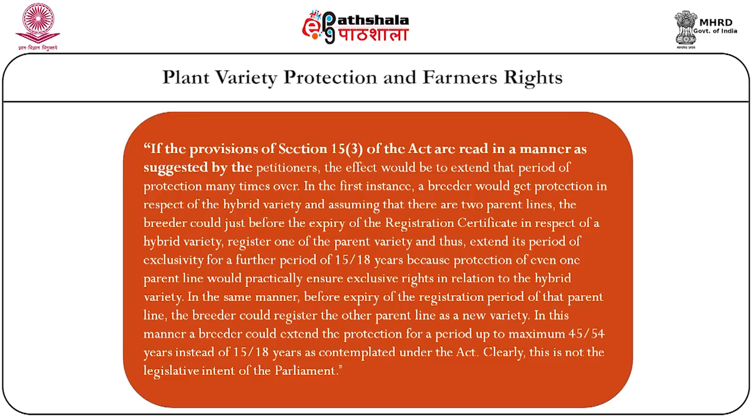In the first instance, a breeder would get protection in respect of the hybrid variety, and assuming that there are two parent lines, the breeder could, just before the expiry of the registration certificate in respect of the hybrid variety, register one of the parent varieties and thus extend its period of exclusivity for a further period of 15 to 18 years, because protection of even one parental line would practically ensure exclusive rights in relation to the hybrid variety. In the same manner, before the expiry of the registration period of the parental line, the breeder could register the other parental line as a new variety.